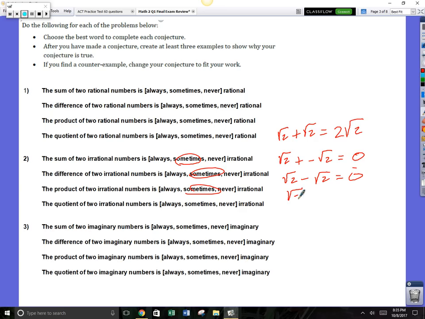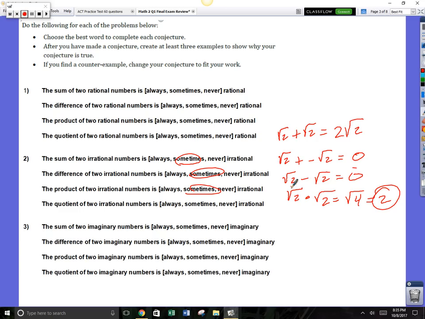If I take square root 2, which is a crappy decimal, and times it by itself, anytime you take an irrational and times it by itself, square root 2 times square root 2, or any of these radicals, it will create a perfect square. Square root 4, and square root 4 is 2. And 2 is rational. That is a nice number.